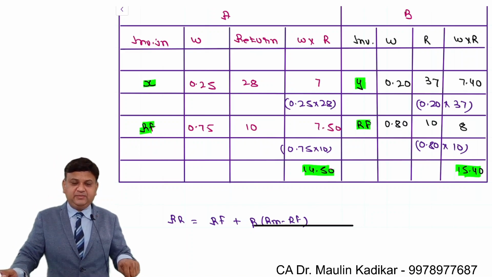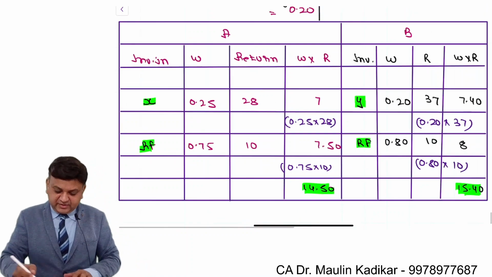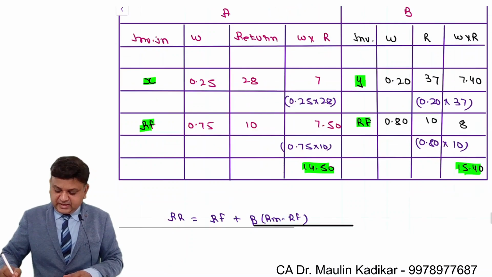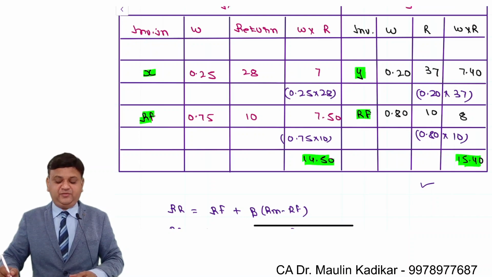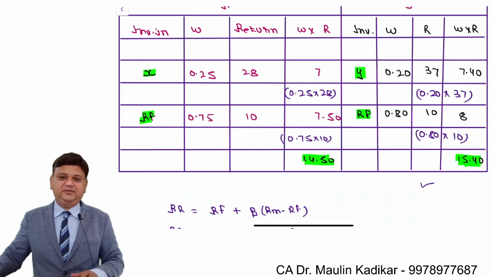Y with RF is able to generate more return in comparison to X plus RF. So what should the investor do? The investor should make investment in Y plus RF instead of X plus RF. That is what we understand.